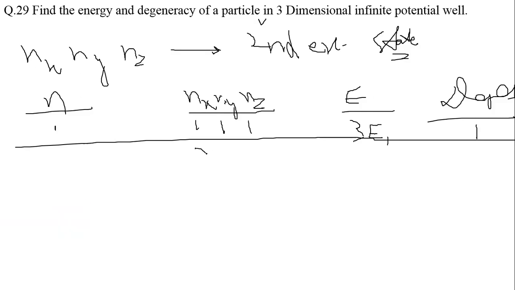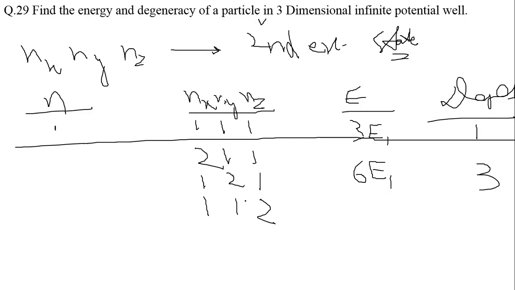The values will be 2 1 1, 1 2 1 and 1 1 2. So there are three combinations, and the energy is 2 square plus 1 square plus 1 square, that is 4 plus 2, which is 6. So it is 6E1.